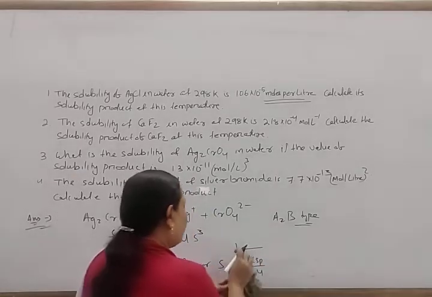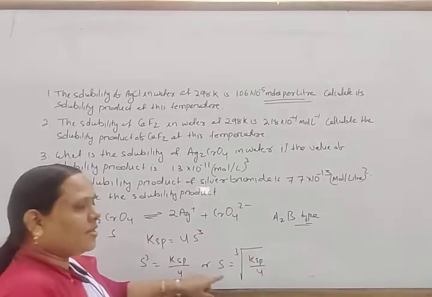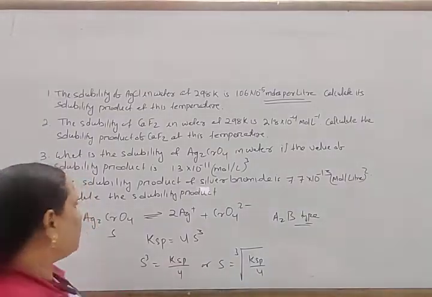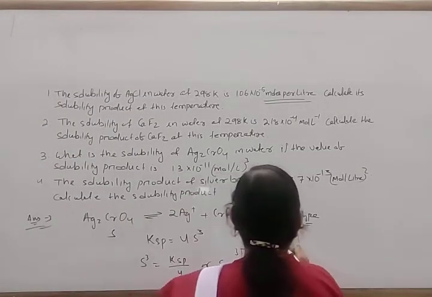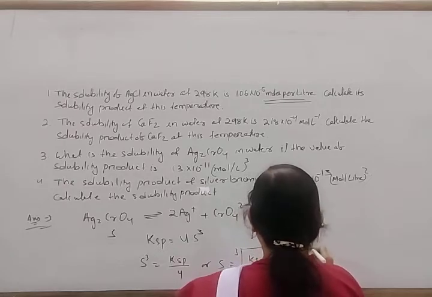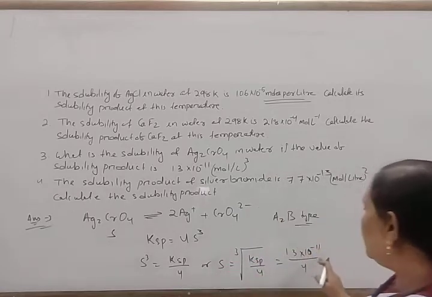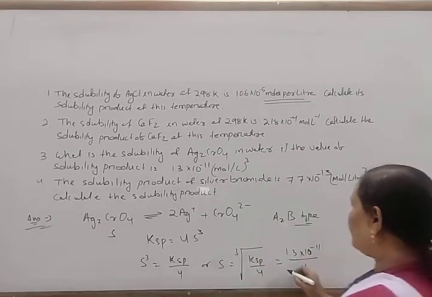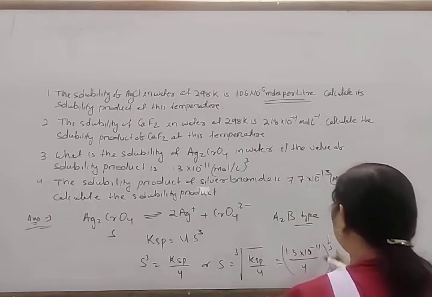So this Ksp value is given: 1.3 into 10 to the power minus 11 by 4, to the power 1 by 3.